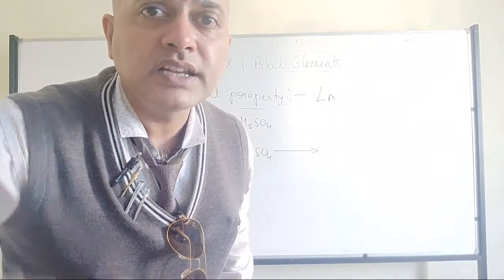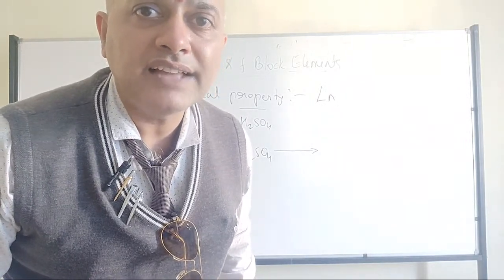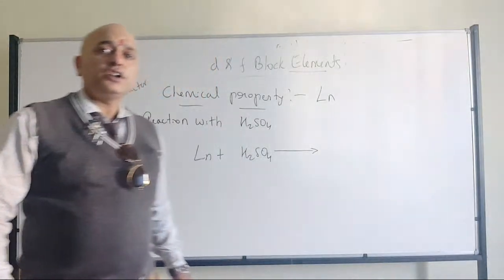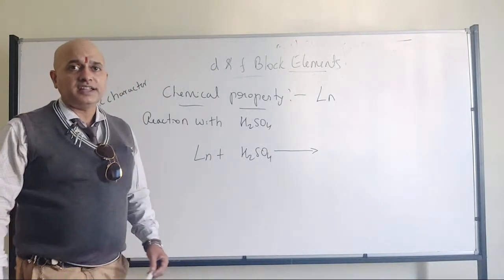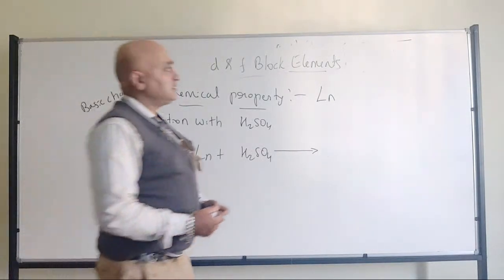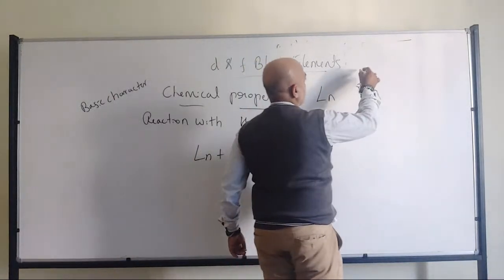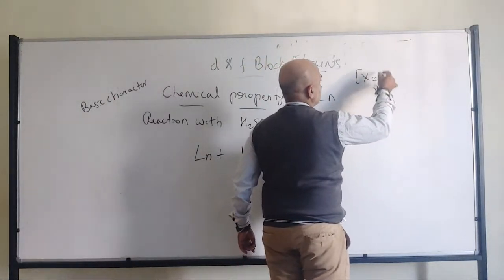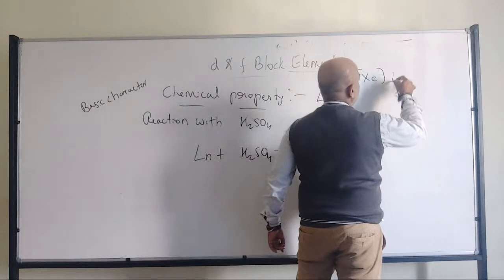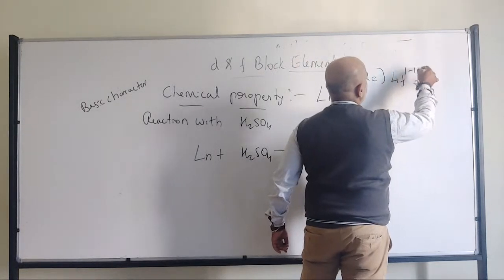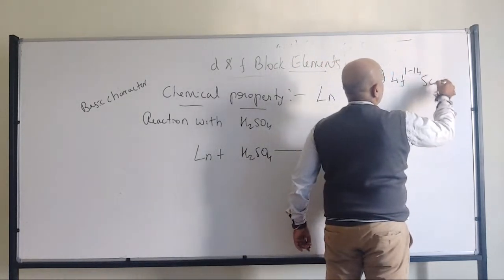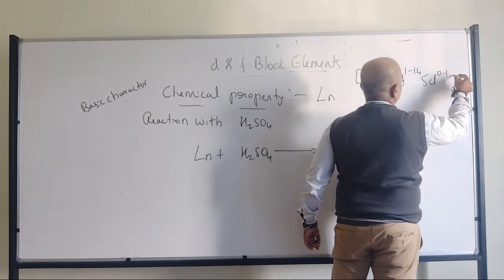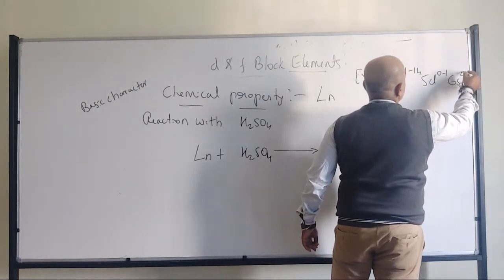Sir, what is the electronic configuration of lanthanides? So you are talking about general electronic configuration, right? Just now we have discussed. That is Xe 4f 1 to 14, 5d 0 to 1, 6s2.